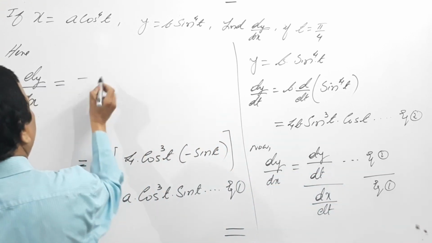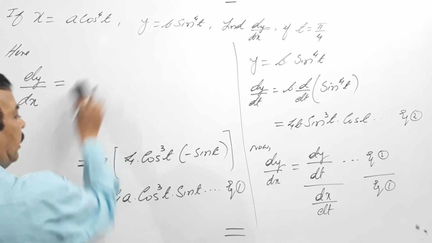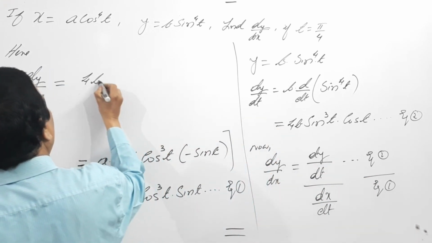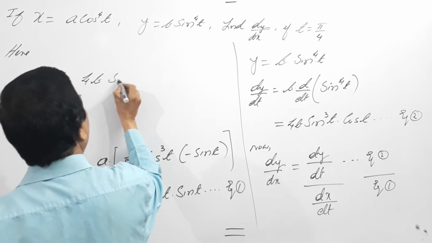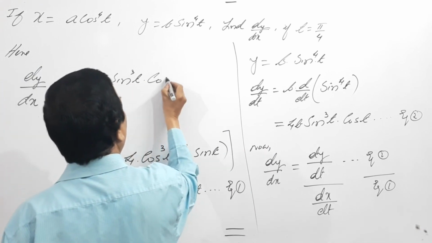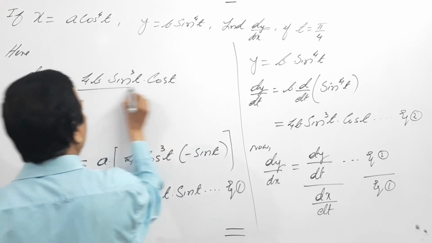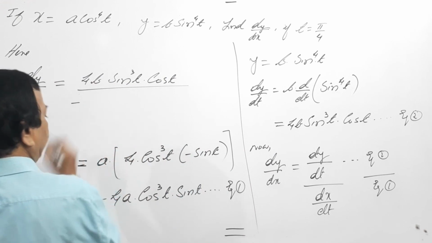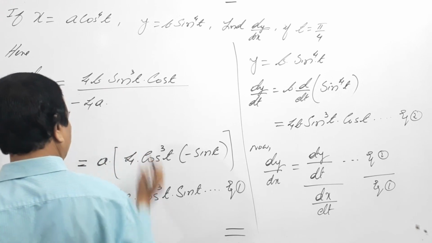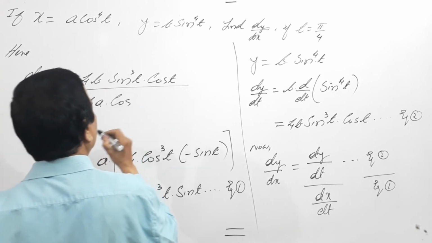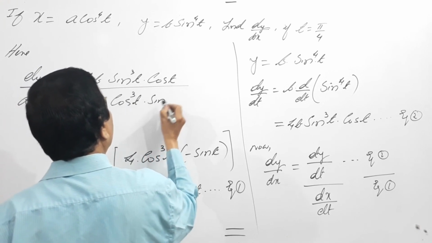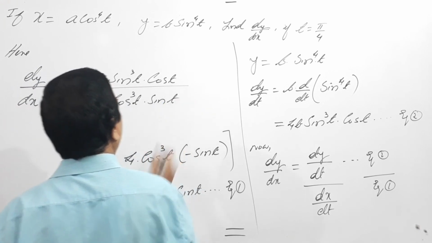That is, no minus here, 4b sin cube t into cos t divided by minus 4a into cos cube t into sin t.